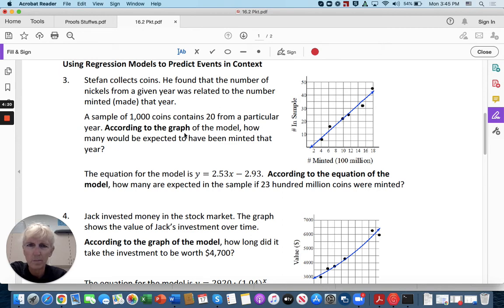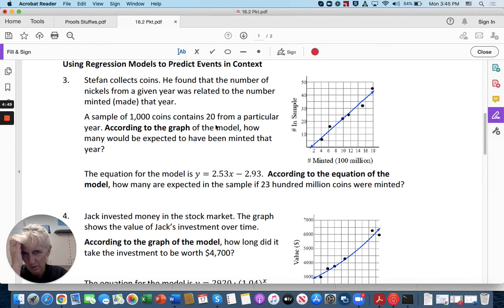How many would have been expected to have been minted? The equation for the model is here. So we can go ahead and put x in. According to the equation of the model, how many are expected if the sample is 23, if that were minted?